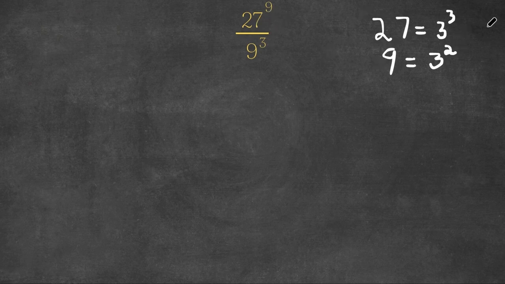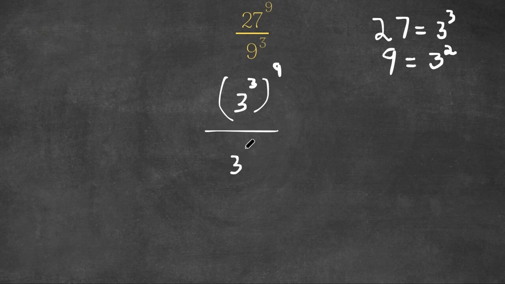So let's replace 27 with 3 to the power of 3. So now we have 3 to the power of 3 to the power of 9 over, now I'm going to replace 9 with 3 squared. So now we have 3 squared to the power of 3.